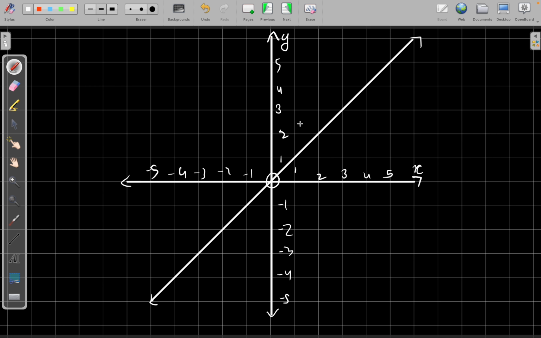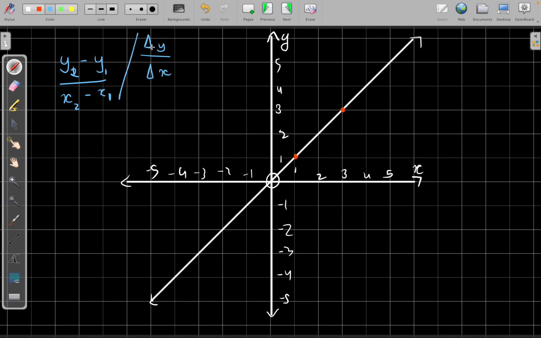Here we can find the gradient another way. What are we basically doing when we count up? I'll first introduce the new formula to you. It's y2 minus y1 over x2 minus x1, and we can also write this as delta y over delta x.